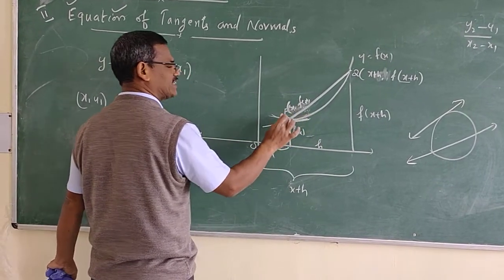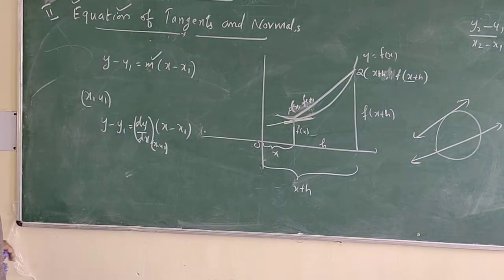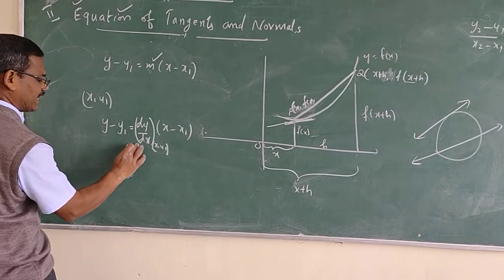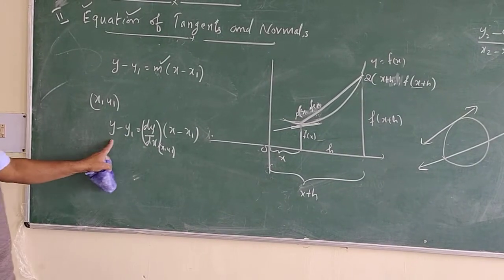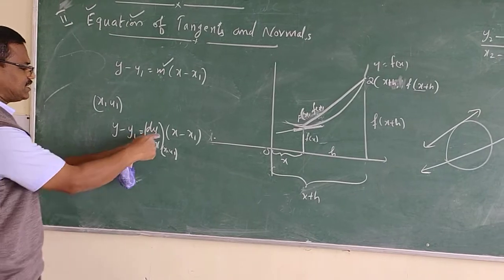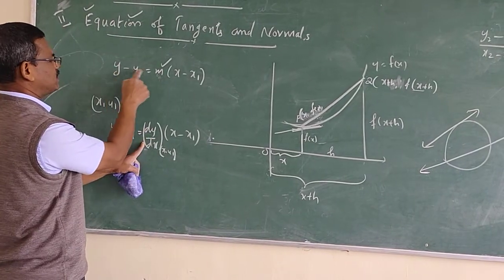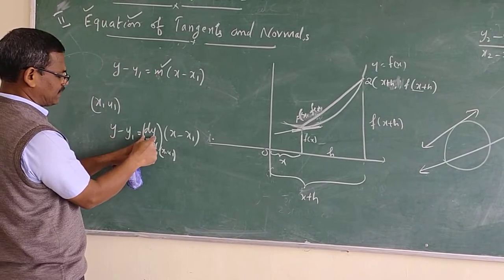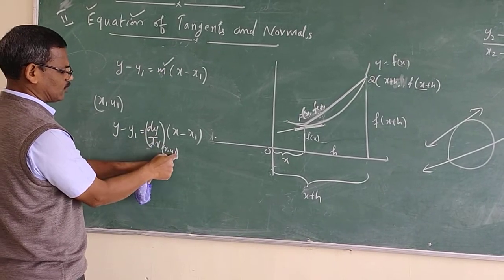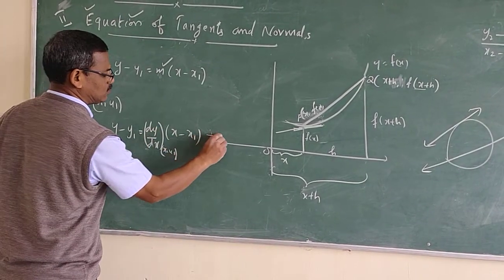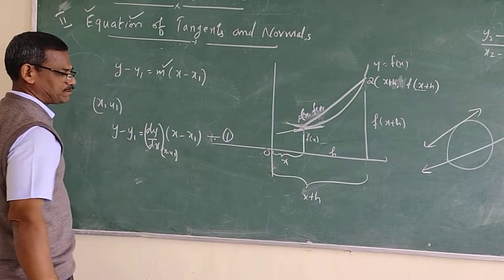So y minus y1 is equal to m, where m is dy by dx at x1, y1, into x minus x1. This will be the equation of the tangent.